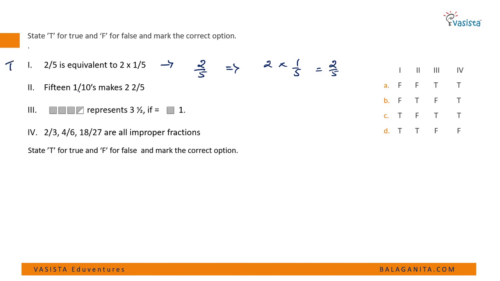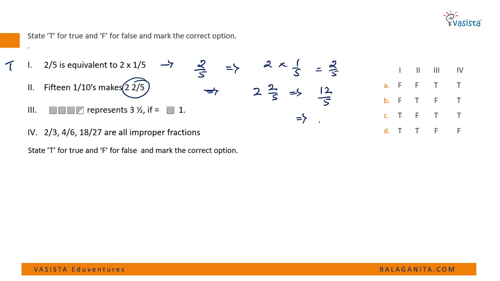Second, 15 1/10 makes 2 by 5. Let me solve here. 15 1/10. Let me go with this 2 by 5. This is in terms of mixed fraction, so let me convert it into improper. 5 2s are 10, 10 plus 2 is 12. 12 by 5 we got.